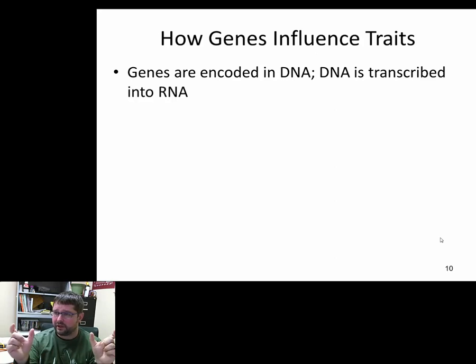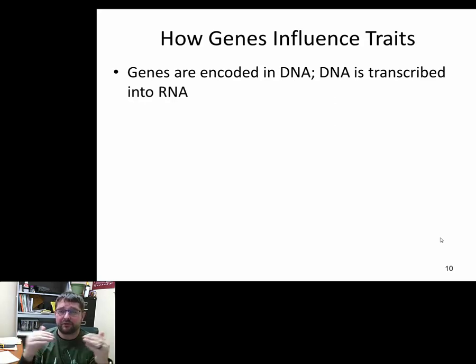Then RNA is used as a blueprint to form an amino acid chain, or a protein. So genes are just DNA, and DNA is transcribed into RNA. That's the language that ribosomes can speak, per se. They understand it, or at least transfer RNA understands it.